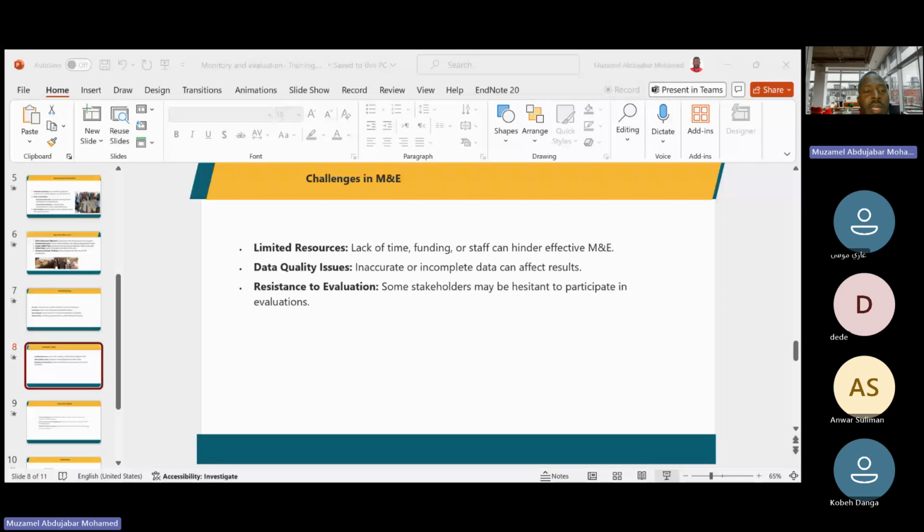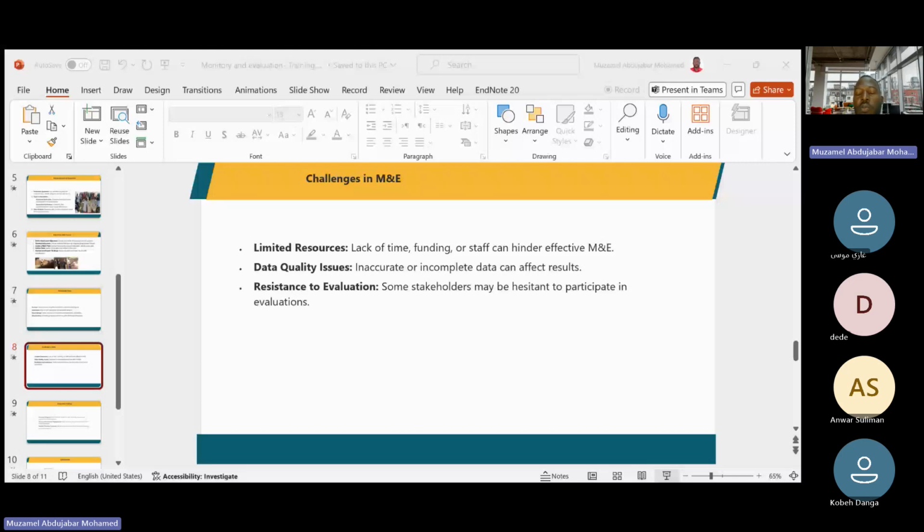The second challenge of monitoring and evaluation is data quality issues. Sometimes, even when you are implementing the project with NGOs or with the government, the teams who collected the data have incomplete or inaccurate data.